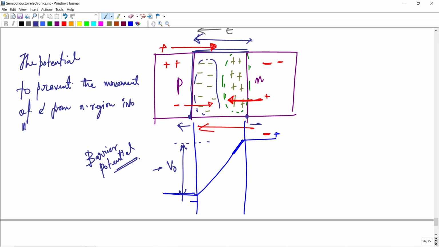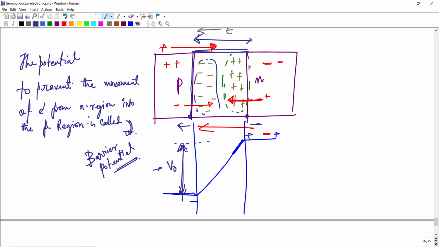There is a higher potential and a lower potential, and the gap between these two potentials is called the barrier potential.